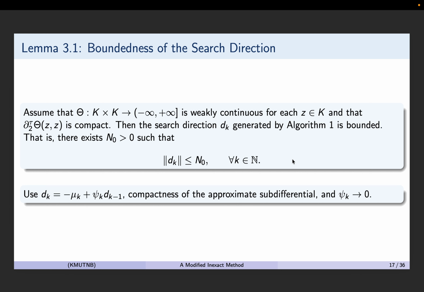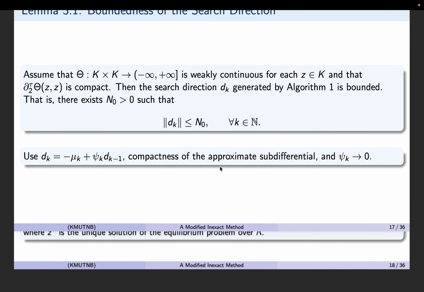We were able to show that if we assume this bifunction to be weakly continuous for each k, and the subdifferential here is compact, then the search direction d k generated by the proposed algorithm is bounded. In other words, the norm of d k is less than or equal to some number.